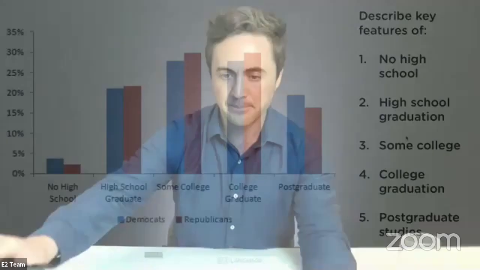So I can write a sentence saying most Democrat and Republican voters in the US had achieved a college level degree. And then I look over here and very few people did not finish high school. Then I can write another sentence, very few people did not finish high school or just achieved a high school certificate. What's the word there? Attainment, something like that. Cool, well done.